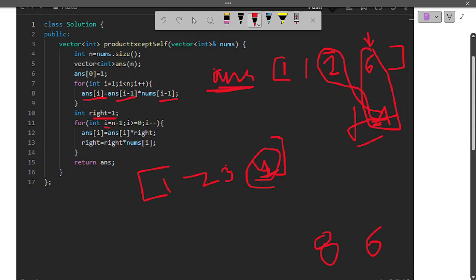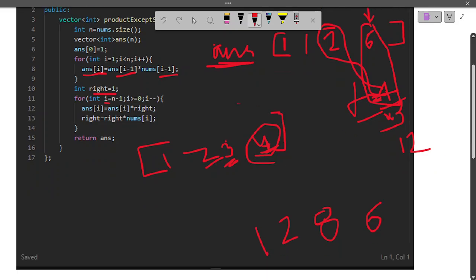How do we do it? Next time the right value becomes right into nums of i, so it becomes 4 into 3, since nums of i is 3. So it becomes 12. Now we multiply 12 into 1, so it becomes 12. And next we multiply 12 into nums of i.